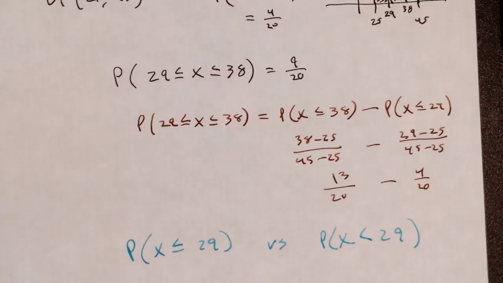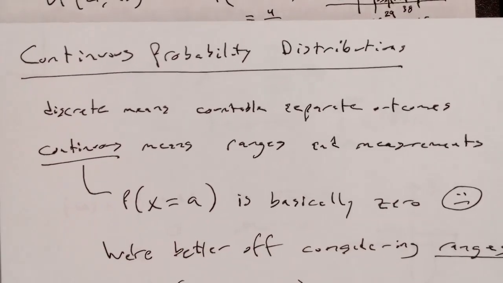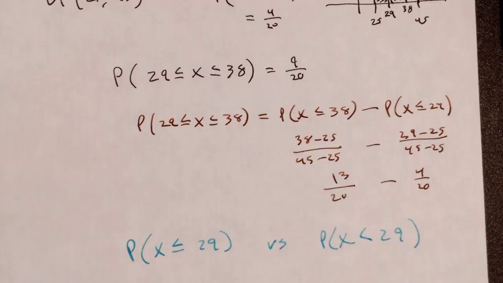What is the chance we get exactly the value 29? 0. Remember, we said that right here, the chance of getting exactly a particular number is 0. So these two things are interchangeable. What we're really trying to say is that I'm going to measure up to the very edge of the rectangle, but I'm not going to include the very edge. I'm sorry, that was the BS detector going off. That's bullcrap. There's no area on the very edge. That's a length. So there's no area difference between these two.